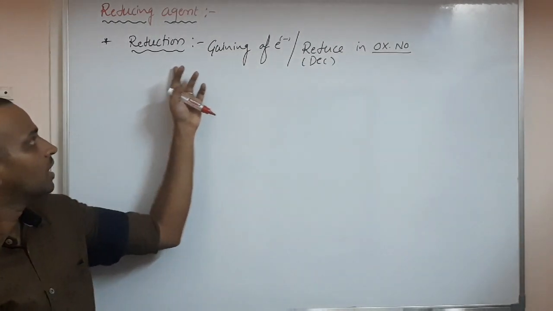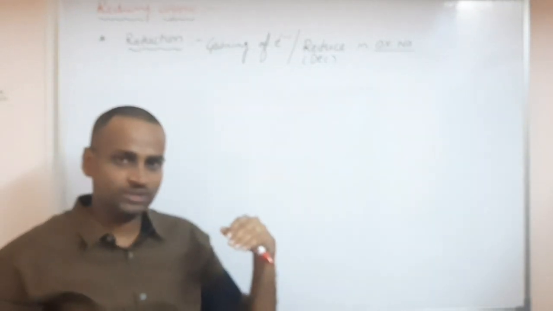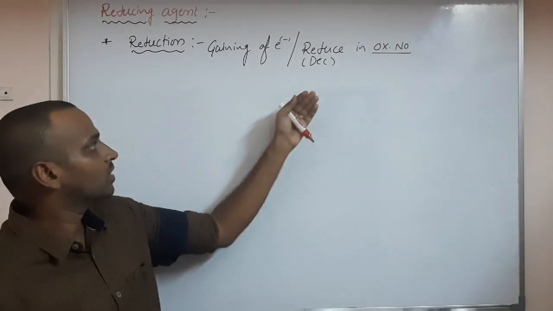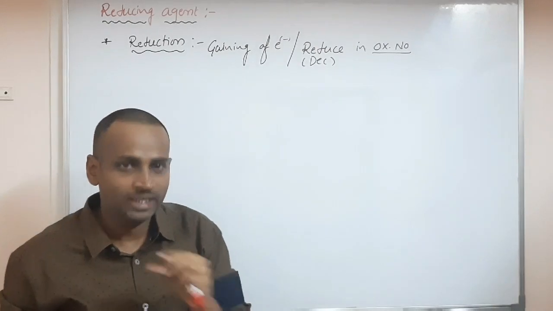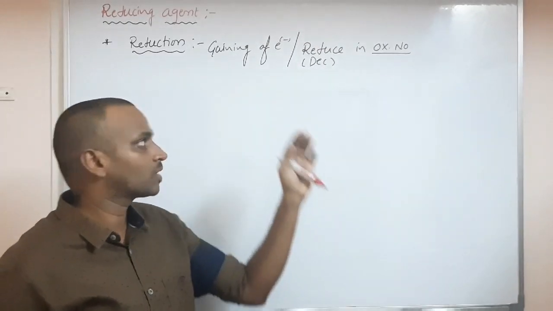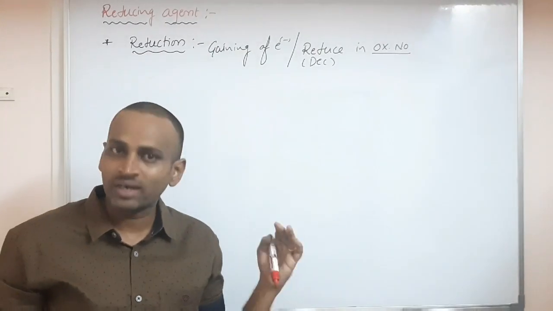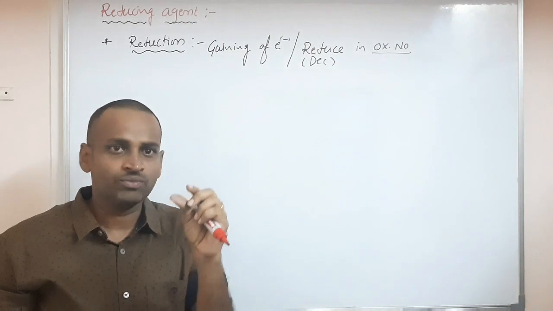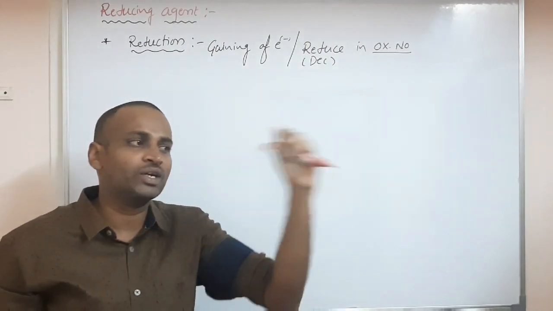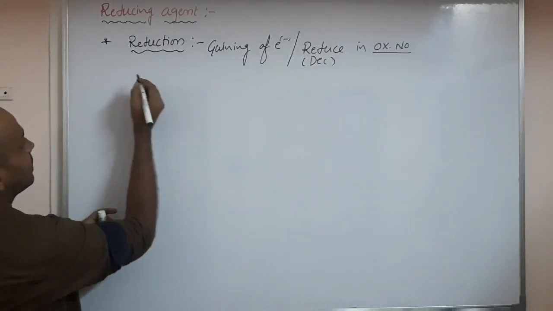The process in which gain of electrons takes place, or the oxidation number is reduced for a particular atom in a chemical reaction, is called the reduction process. So to find which atom underwent reduction, we have to check the particular atom whose oxidation number decreased. Got it clearly? So that is reduction.